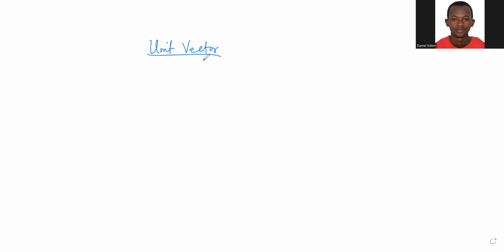So a unit vector is one which has magnitude of 1, and is often indicated by putting a hat on top of the vector. So a unit vector has a magnitude of 1 and is denoted by a cap.